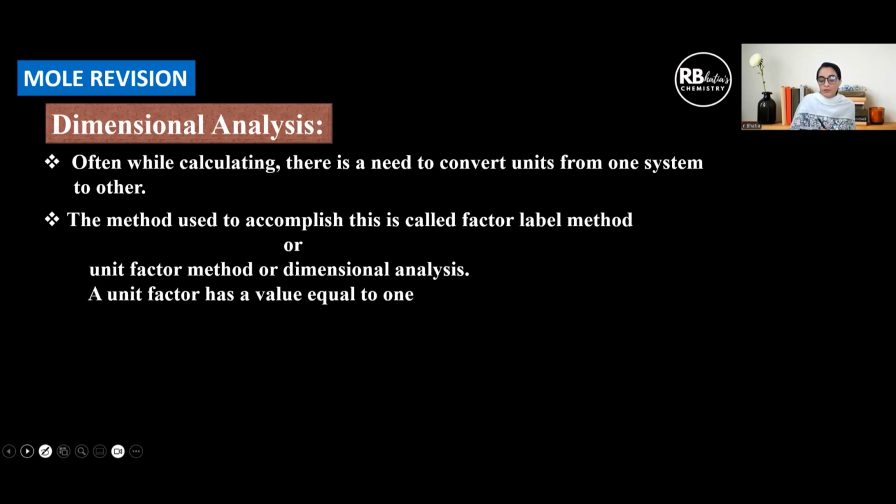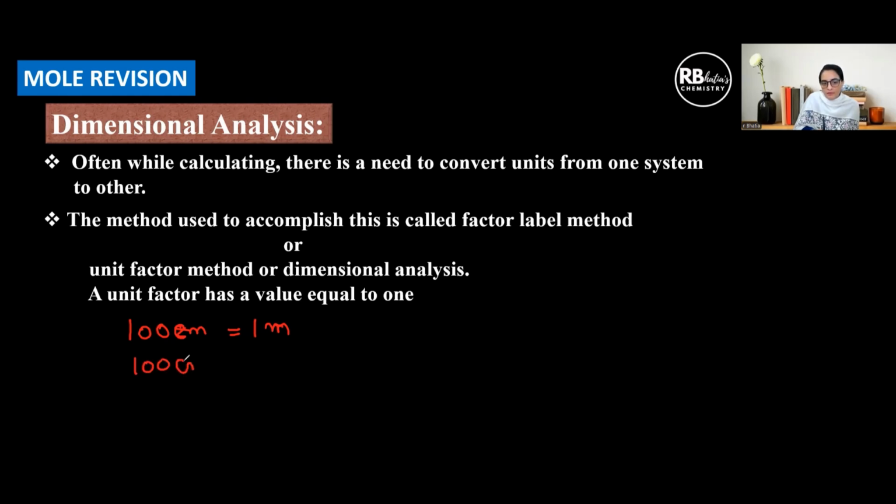Now, what is a unit factor? A unit factor is something which has a value equal to 1. So, if I take an example of a unit factor, let us say I know 100 centimeters is equal to 1 meter.